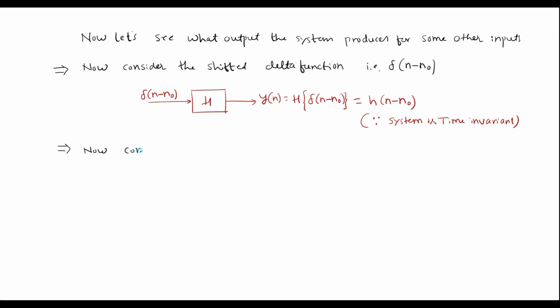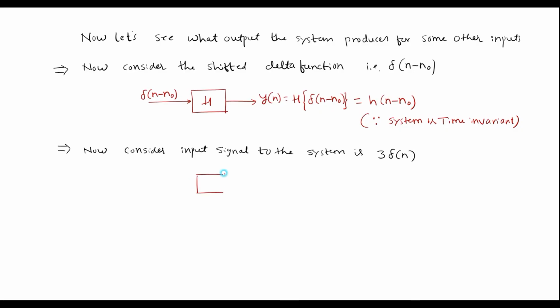Now consider the input signal to the system is, say, 3 delta of n.